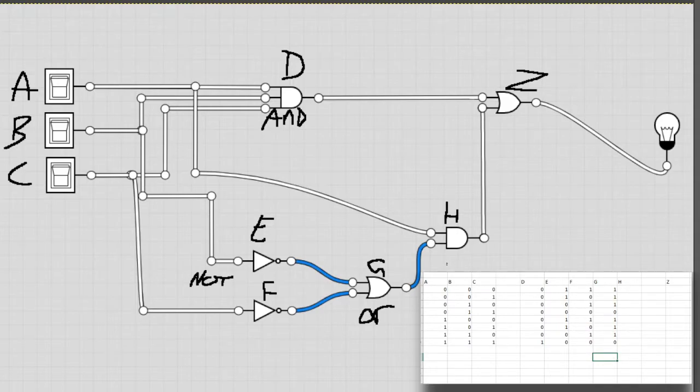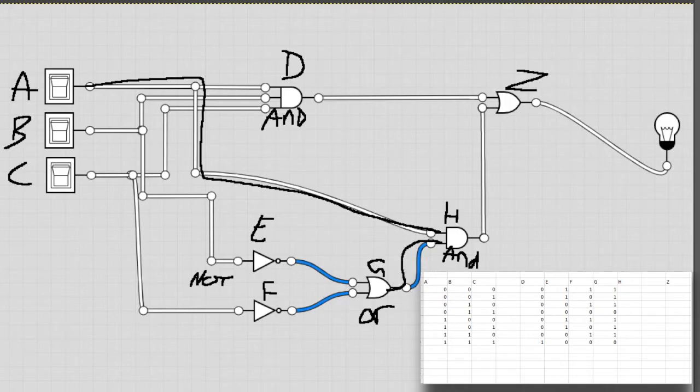Now we're going to be looking at H, another AND gate. As previously discussed, this gate will output positive as long as all of its inputs are positive. H is connected up to A and also up to G. So where both A and G are positive, H will also be positive.